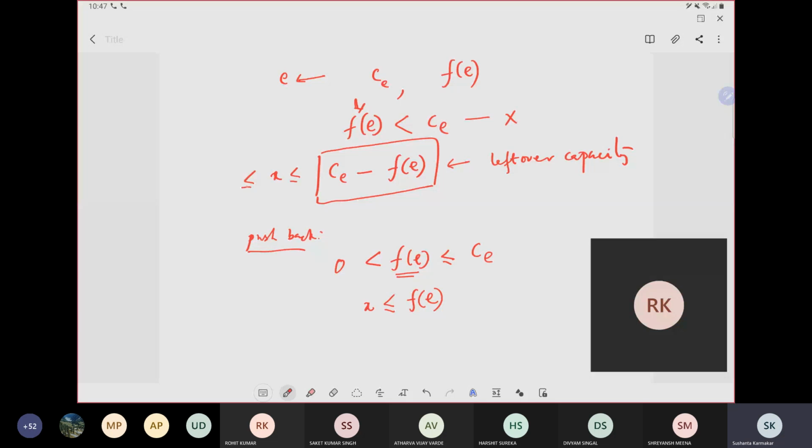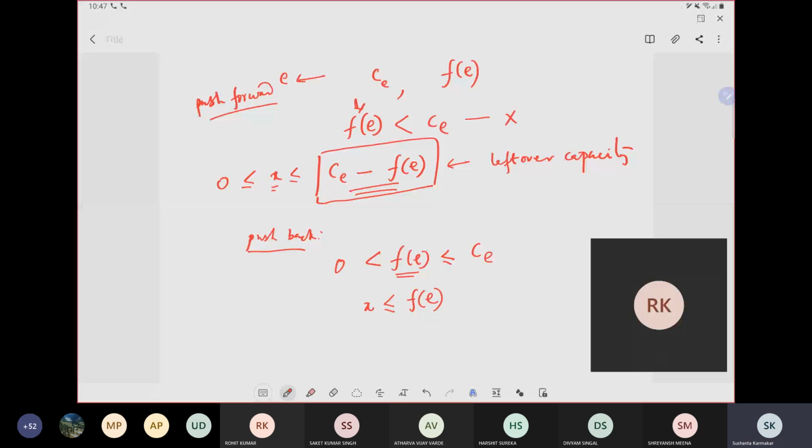If I want to push forward X amount, I can push forward anything between 0 and the leftover capacity, because this does not violate the capacity condition.